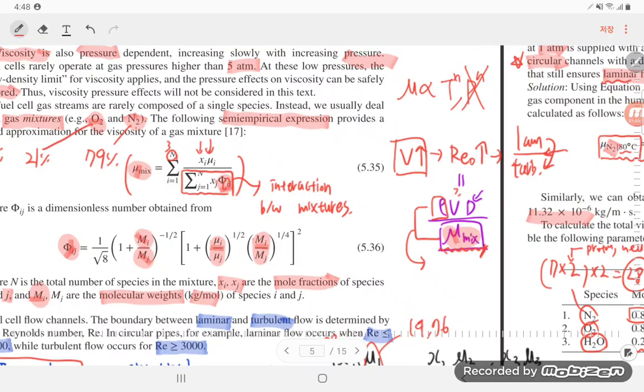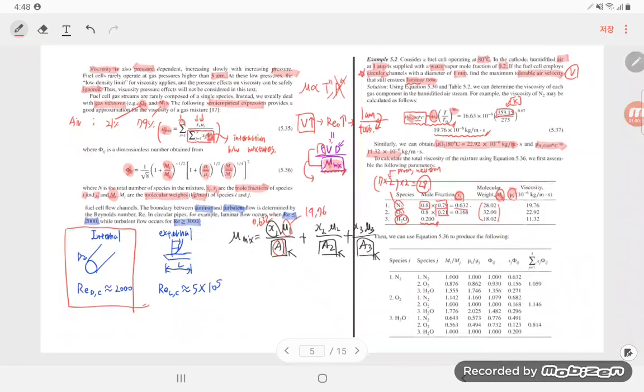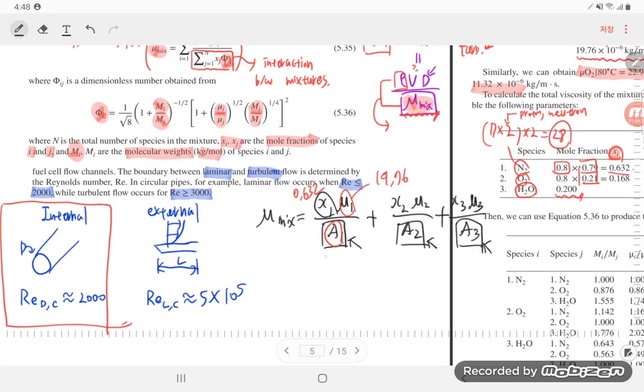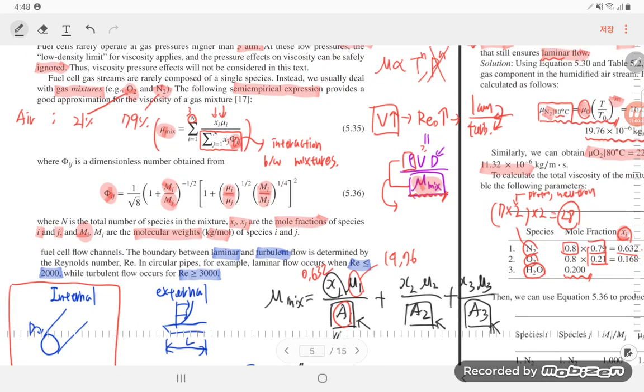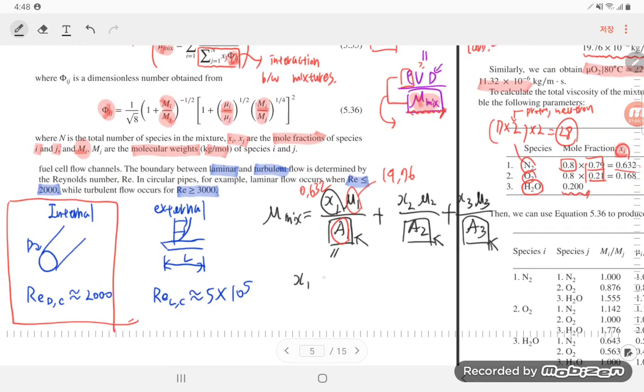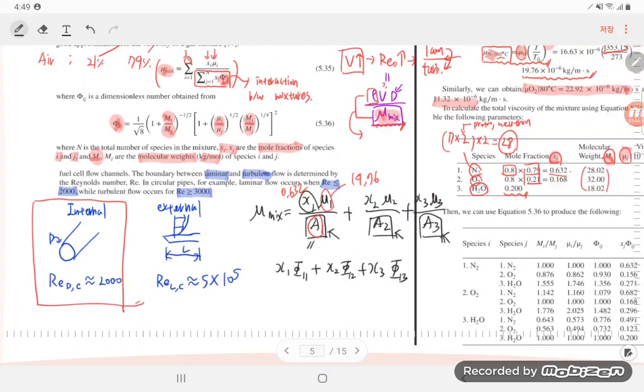Firstly, we insert 1 into the i, then j starting from 1 to 3 here: x1 pi 1 1 plus x2 pi 1 2 and x3 pi 1 3, to calculate only this A1, right?